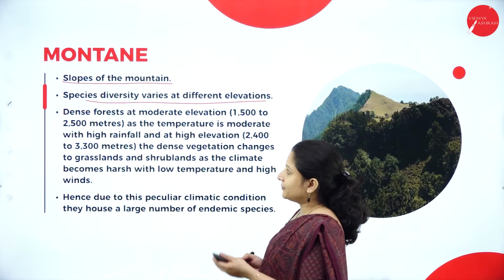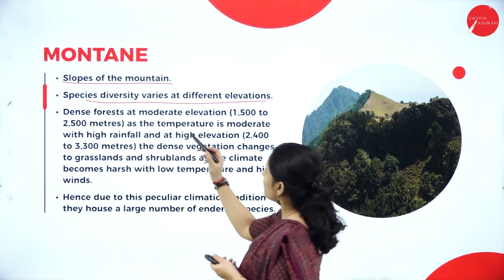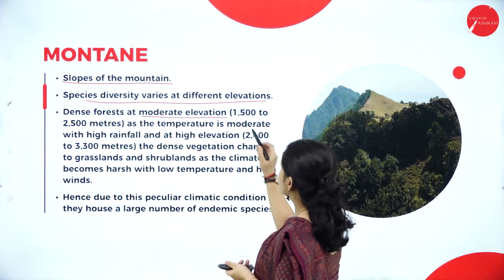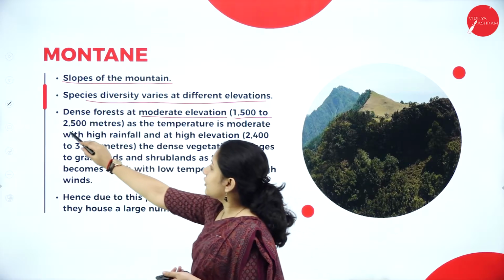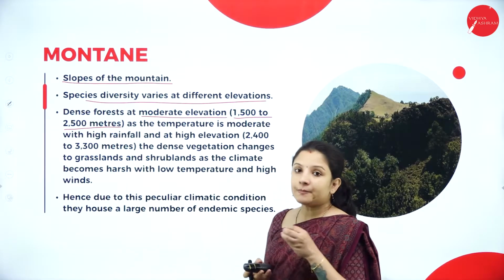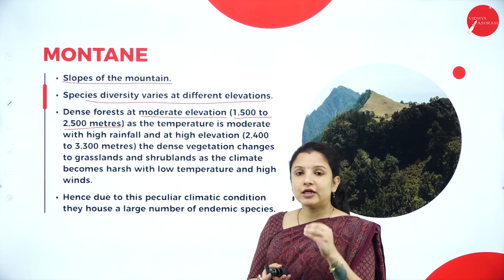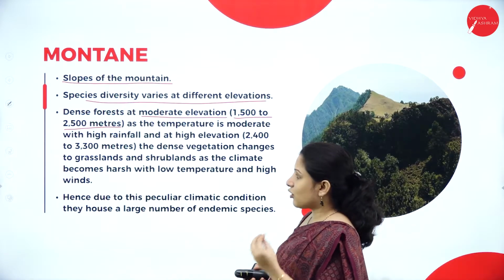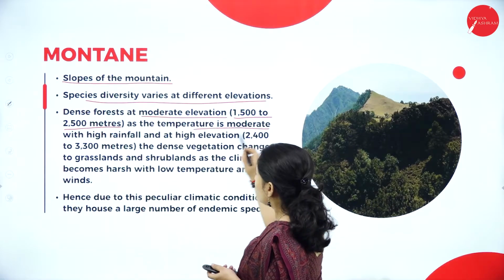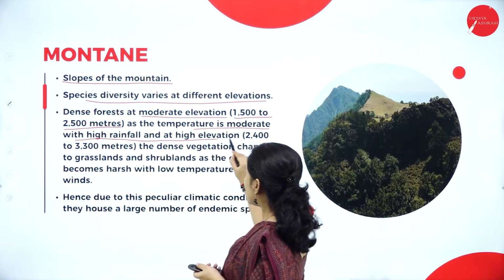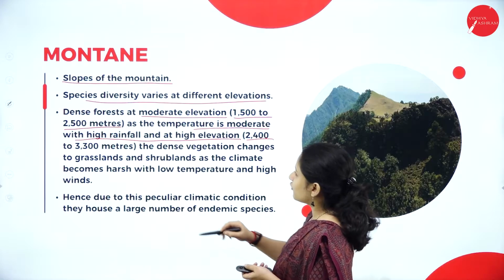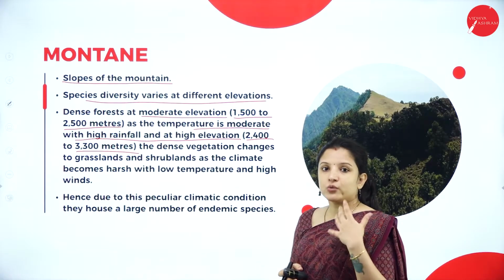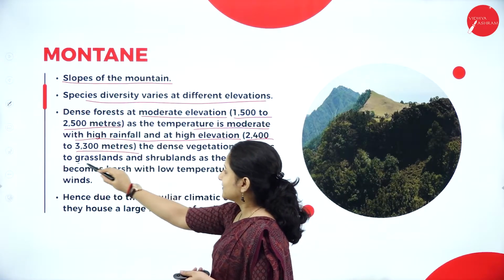For example, there are dense forests at moderate elevation, where the slope is about 1500 to 2500 meters, and the mountain is filled with rich dense forest. As the temperature is moderate with very high rainfall, at higher elevations of 2400 to 3300 meters the dense vegetation changes to grasslands and shrublands.